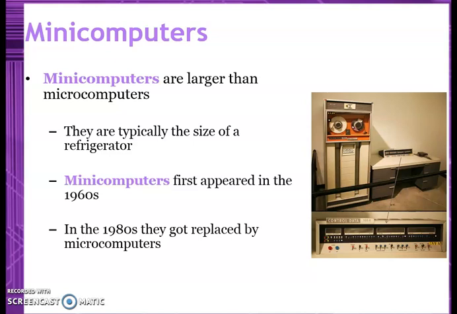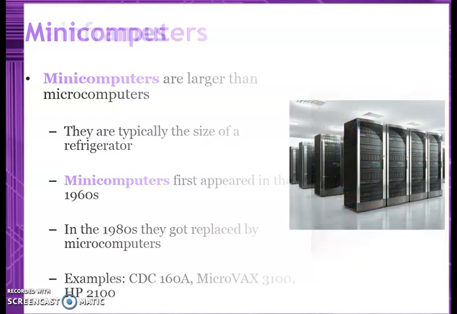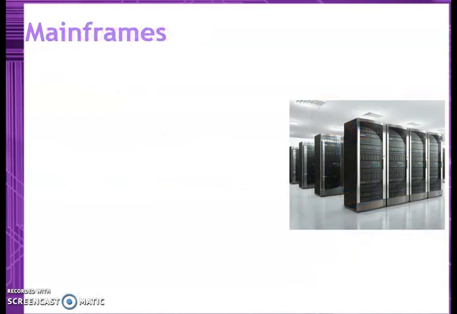From 1960 to 1980, these minicomputers were used everywhere, though obviously not by everyone. Some companies, offices, banks, and these types of organizations used minicomputers at that time. But later on, in the 1980s, microcomputers took their place.